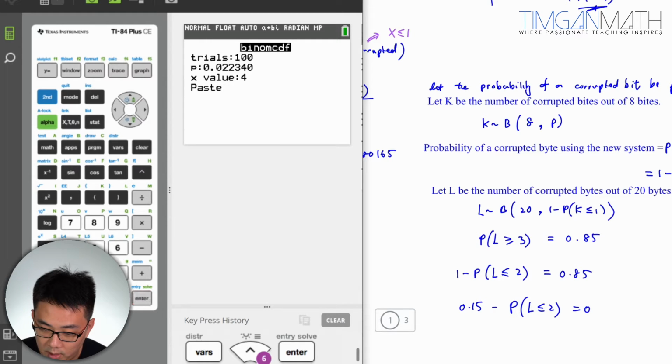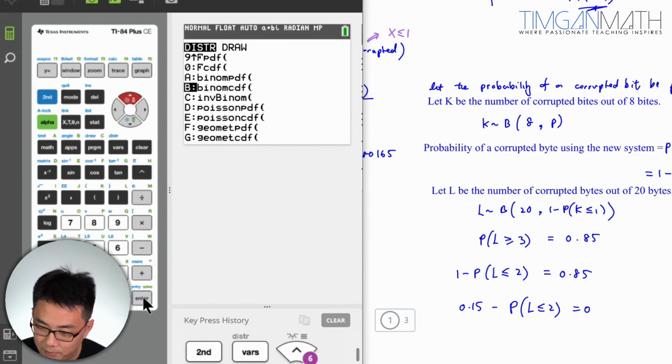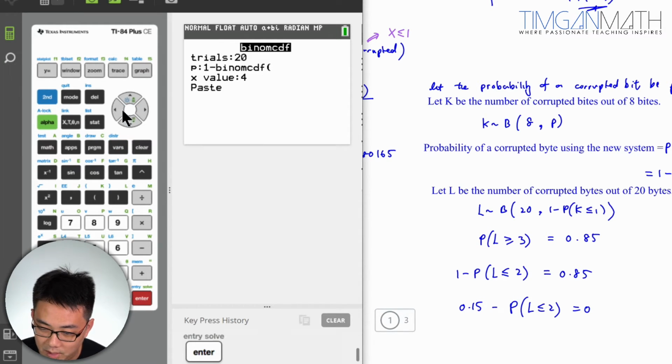I put this as 20, and the p here, oh my goodness, is 1 minus. So you just put in this at most 1. So meaning to say distribution binomial CDF, and I'm going to put this as 8 comma. I don't even know what the syntax for this is. Okay, I think we just do this first.